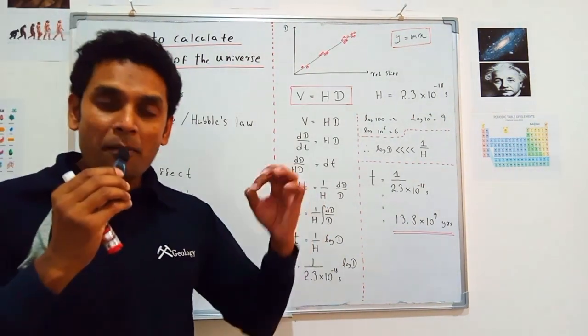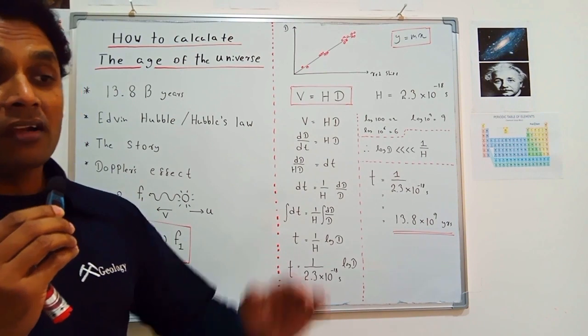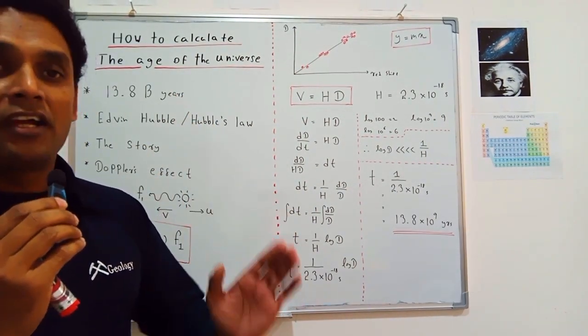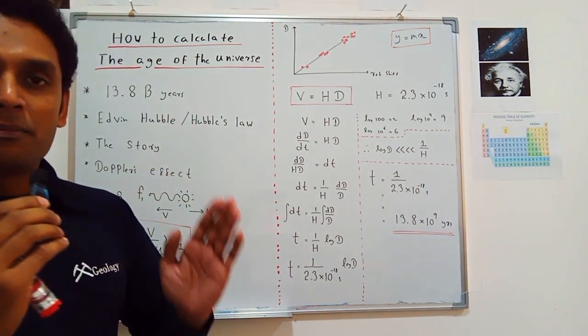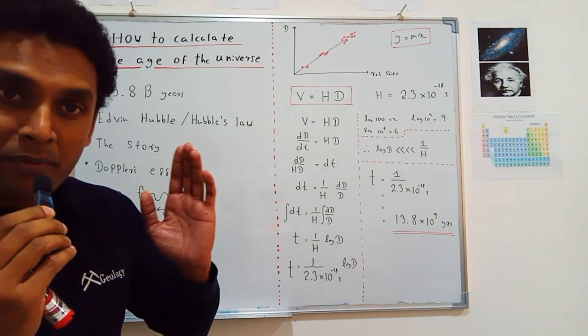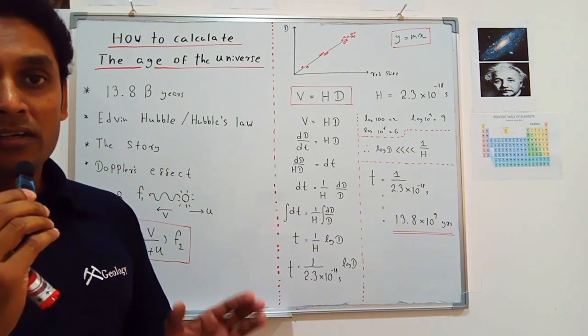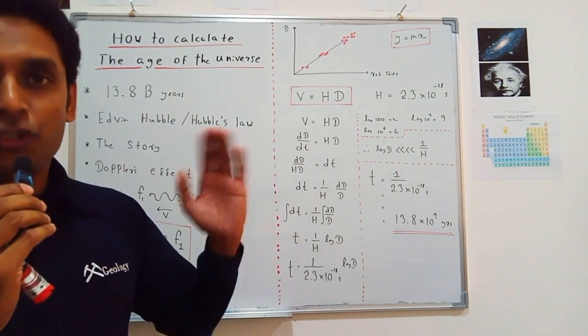Actually, Hubble didn't have an observatory, but a well-equipped, sophisticated, beautiful, brand new observatory was constructed by another astronomer called George Ellery Hale on top of Mount Wilson, USA.